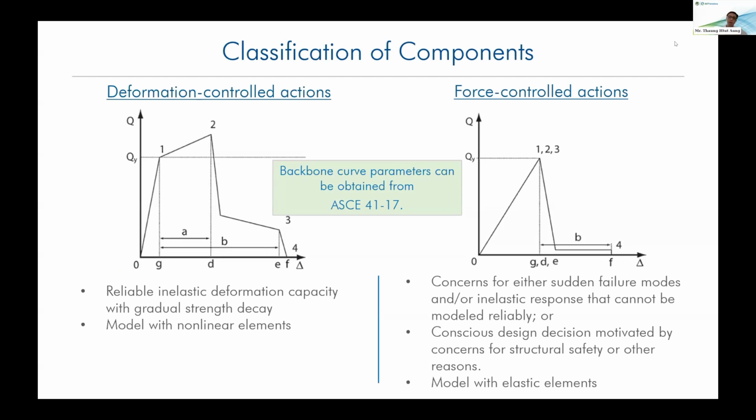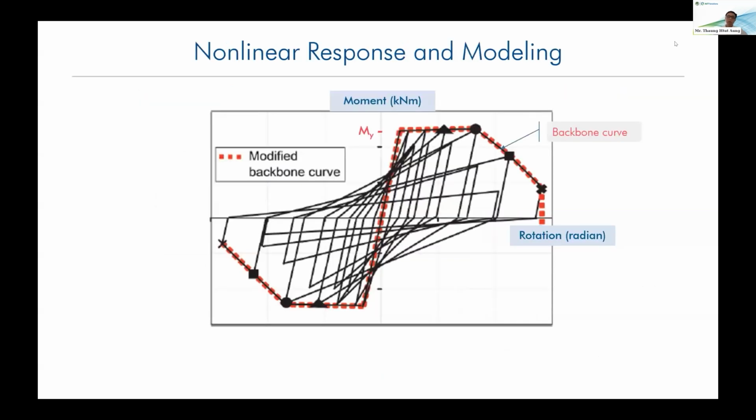So to develop the nonlinear model, we need the backbone curve for the force deformation relationship. That information we obtained from ASCE 41. We are familiar with strength capacity requirements in code-based design. If from our analysis the force demand is 500 kilonewton meter in the beam, we have to design that reinforcement to satisfy that strength demand.